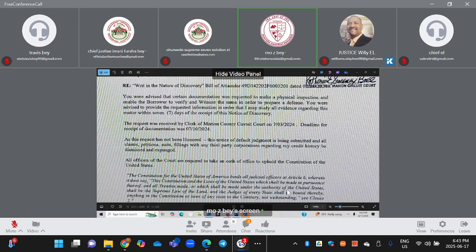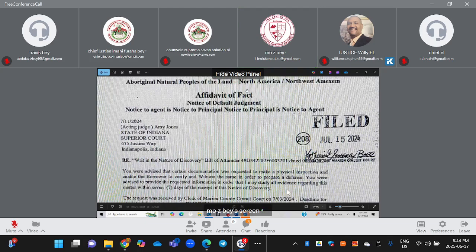So this affidavit is... words are very important. Remember that. Affidavit of fact, notice of default judgment. It ain't submitting nothing to be filed. There's no submitting.